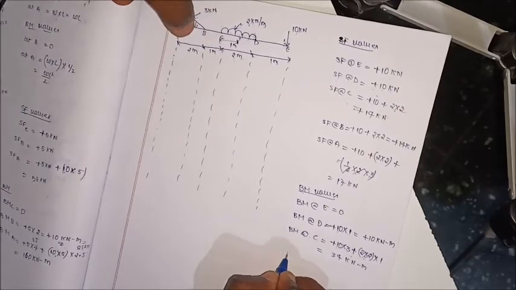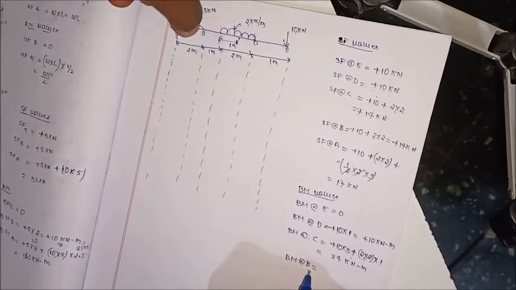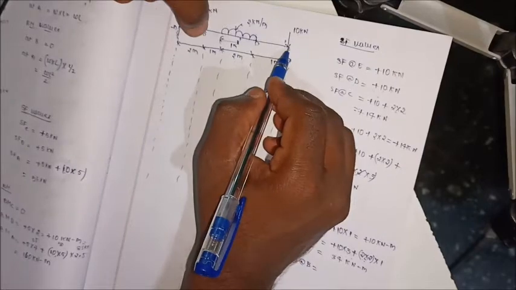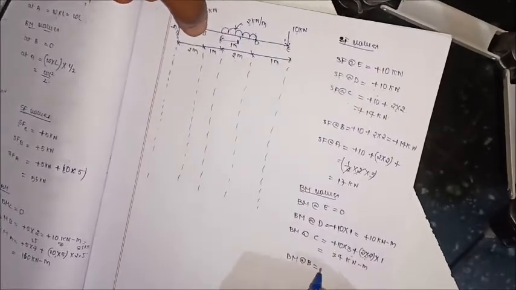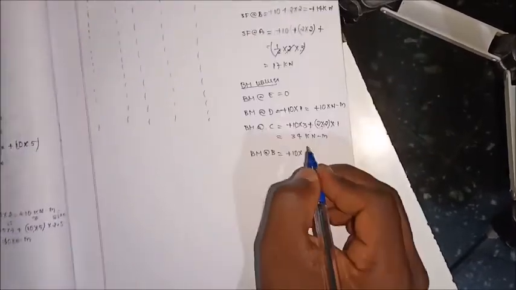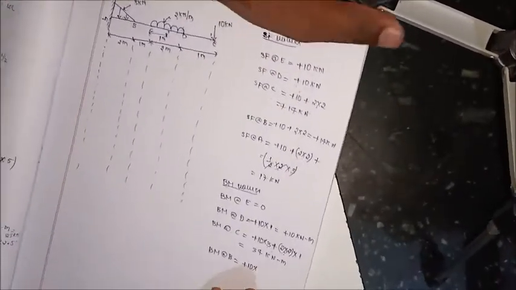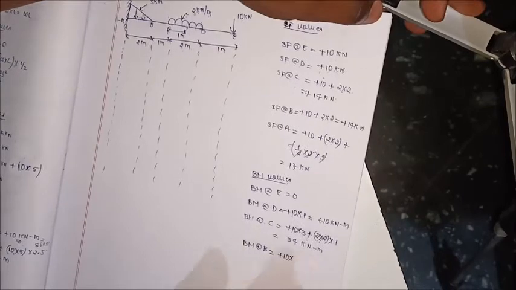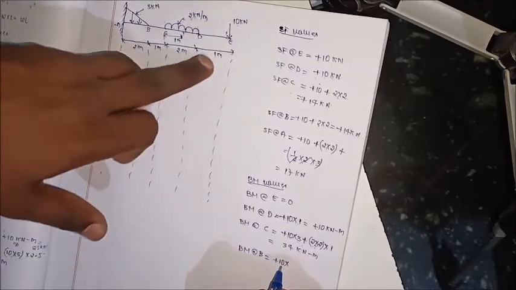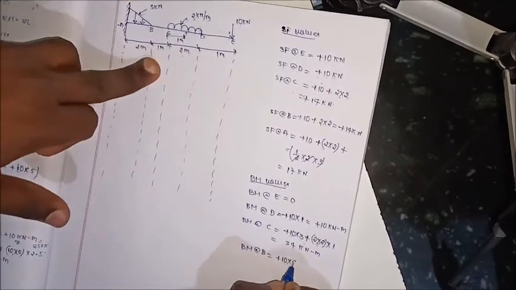Next, bending moment at B. The bending moment at B is force into perpendicular distance. First consider the 10 kilonewtons, positive, with a perpendicular distance of 1 plus 2 plus 1, so a total of 4 meters.